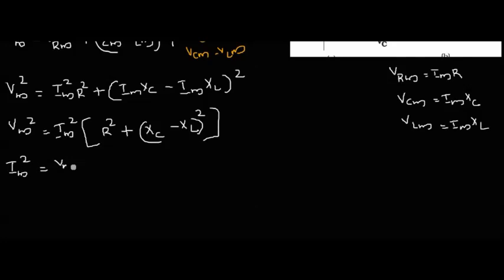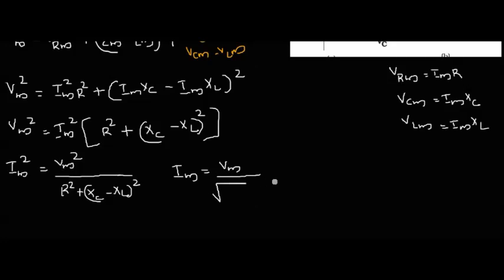So Im square is equal to Vm square divided by R square plus XC minus XL the whole square. Okay, so this is Im square. We have to make it into Im, so I am removing the square. I am getting Im is equal to Vm divided by root of R square plus XC minus XL the whole square.